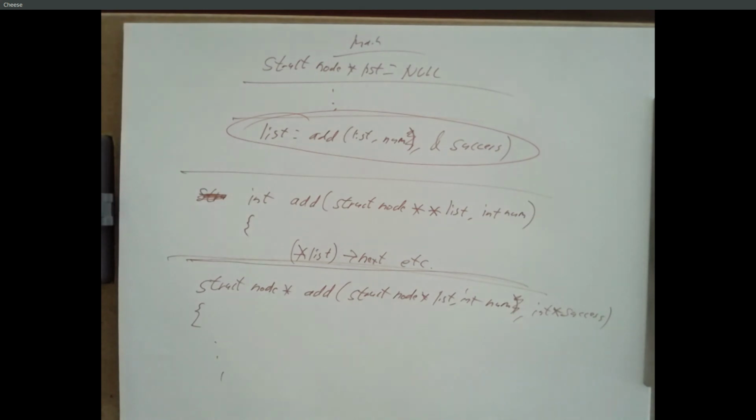Other quick comment. The struct nodes we've been working with, we have a data piece and we have a next piece, and our data piece has been an integer, but there's no reason it has to be an integer. It could be a character, it could be a double, it could be an array. It could be an array of characters, which is a string. It could be a structure.